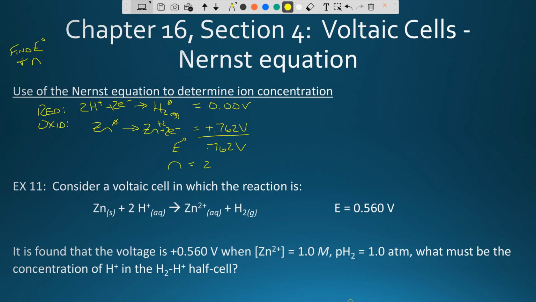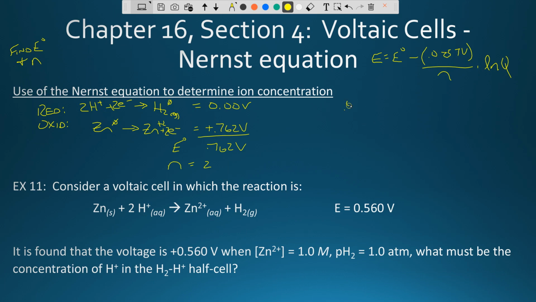I see with my Nernst equation, remember that's going to be E equals my potential E over my concentration, and I'm going to use 0.0257 volts over my N times the natural log of Q. All right, so I know all of my pieces in here, and I'm just basically going to be solving for Q, aren't I?